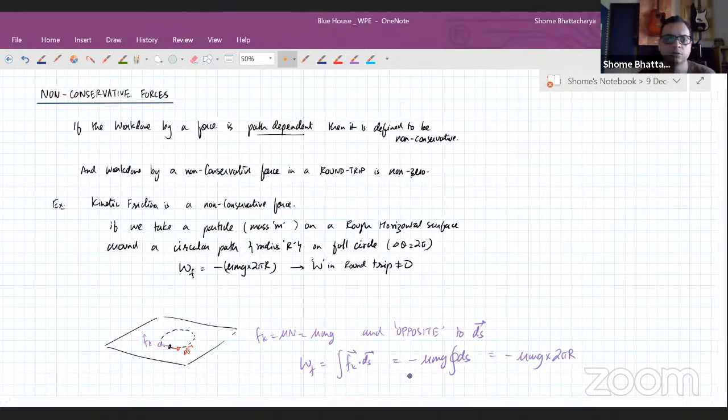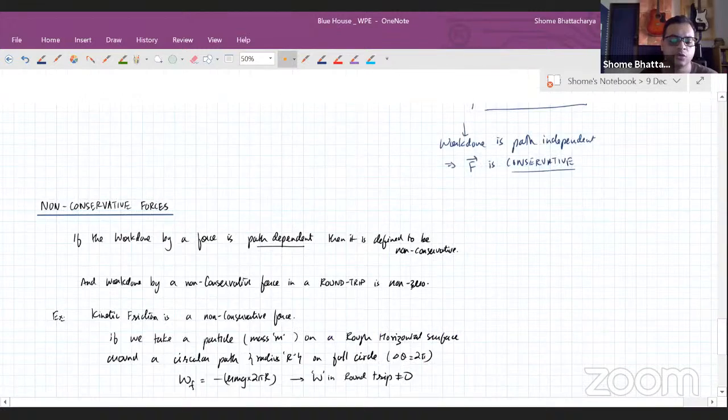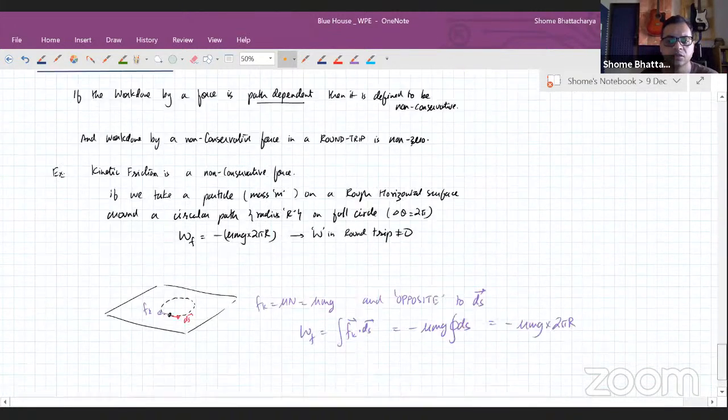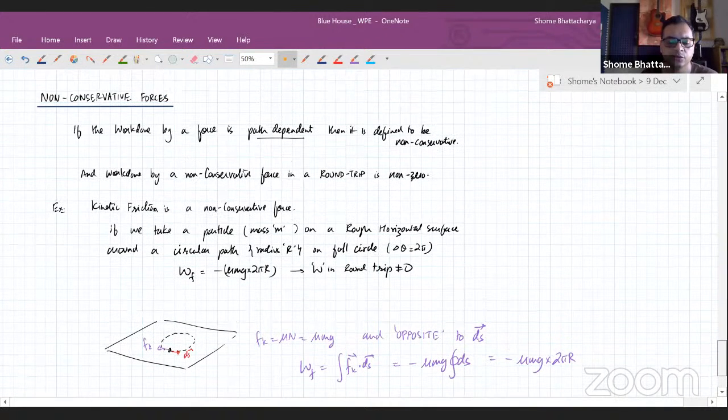Or any other kind of round trip you can see. You will see that the work done by kinetic friction is a non-zero quantity even in a round trip. So by definition, it is a non-conservative force. So as I told you, friction is our only physical example so far of all the forces we have seen which is non-conservative in nature.